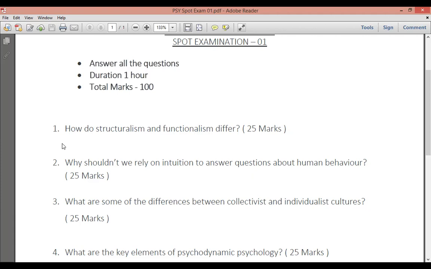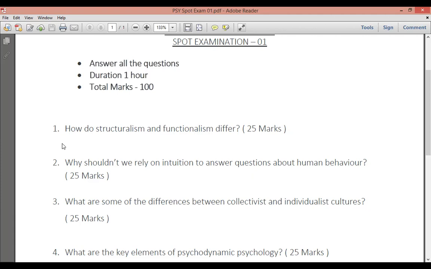And an individualist culture means a culture of one particular person. So they're asking the differences. How a single person's culture would be, and how a group of people together would be.